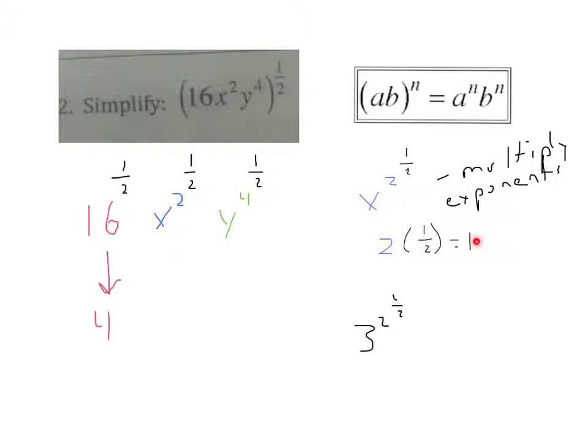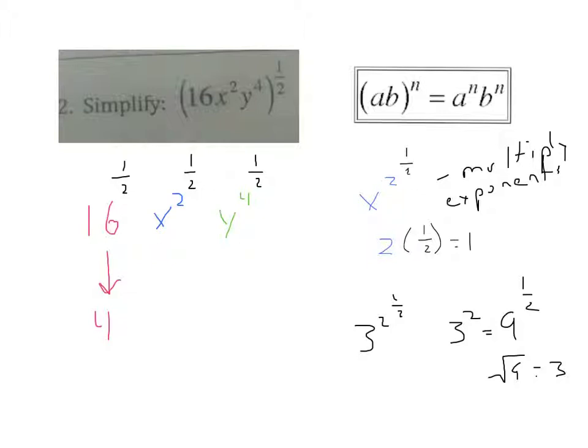So 3 squared is 9, and then 9 to the 1/2, we remember what we learned earlier over here about taking something to the 1/2 power. That just means the square root of that. And so the square root of 9 is in fact 3.